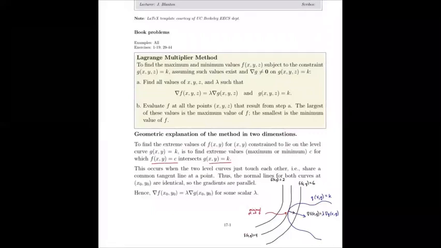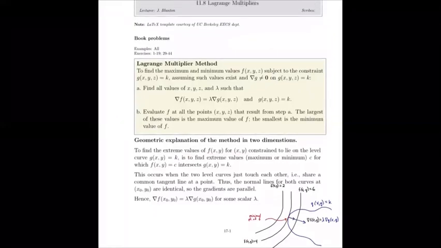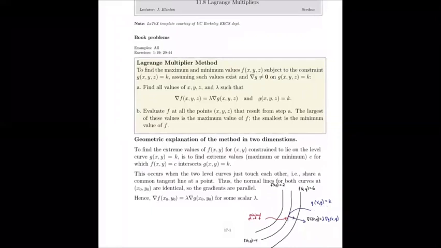So the key thing to realize about this situation is that this level curve, g of x, y equals k, is going to attain a maximum or a minimum, whatever happens to be the case here, at some point where the curve is tangent to the level curves of the function f.